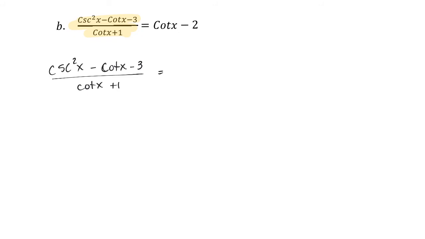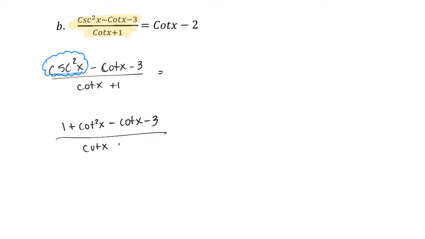I have my handy sheet with that review of all my fundamental identities, and whenever I see a squared, I'm going in and thinking about the Pythagorean identities. Cosecant squared is the same as 1 plus cotangent squared of x. So I'm going to replace that and then continue copying the rest of this fraction: minus cotangent x minus 3, all over cotangent x plus 1.